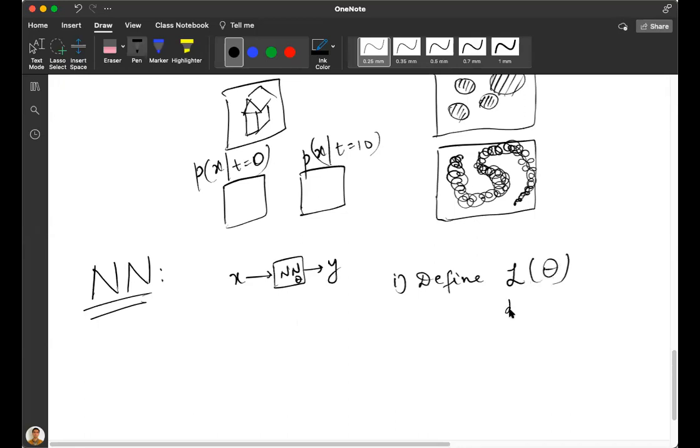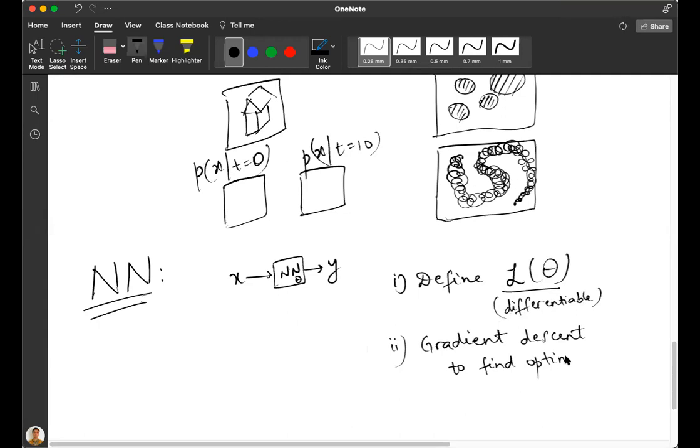It should be differentiable, right? Okay, then what do you do? Perform optimization like gradient descent, some gradient based optimization, to find optimal theta. That's it, right? So that's how you do it.